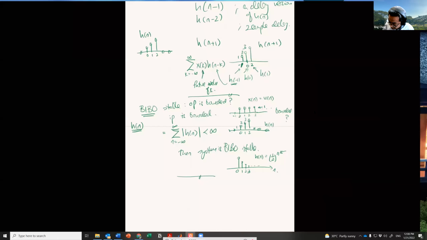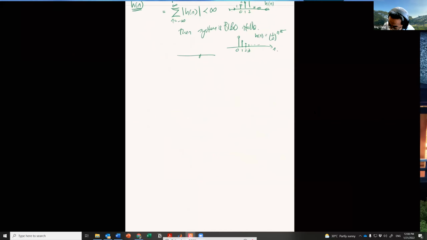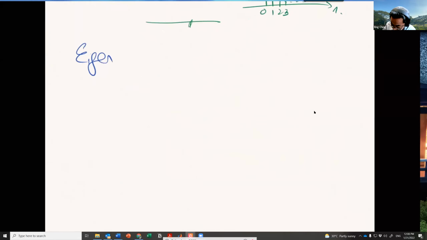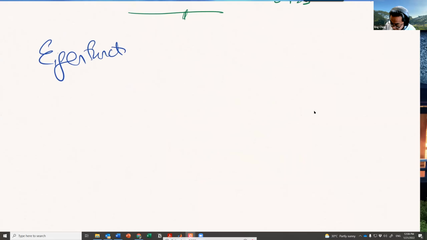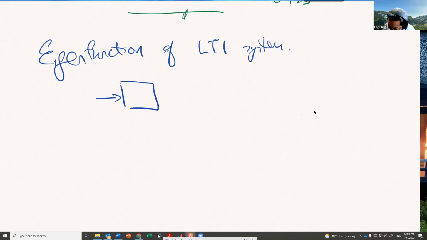Okay, so now I will talk about the next important big idea, called the eigenfunction of LTI systems. Now, let's recap what we know. I send delta n, the smallest, the simplest, but the most important sequence, which is 1 at time 0 and 0 at any other value.